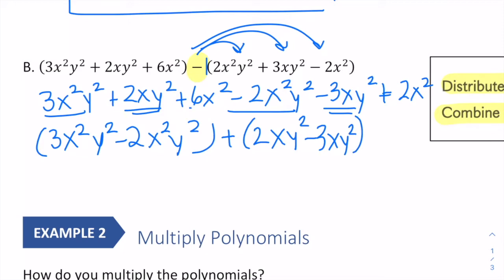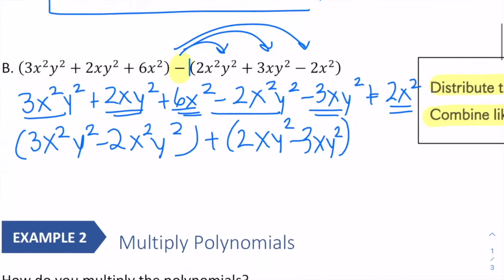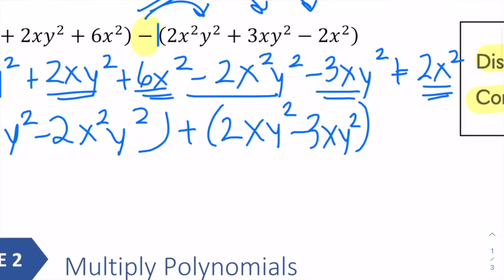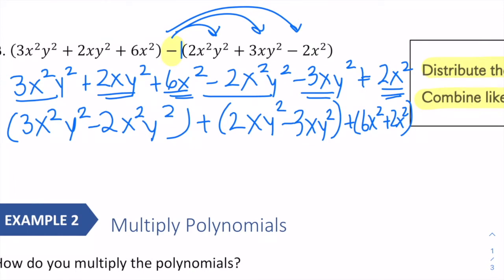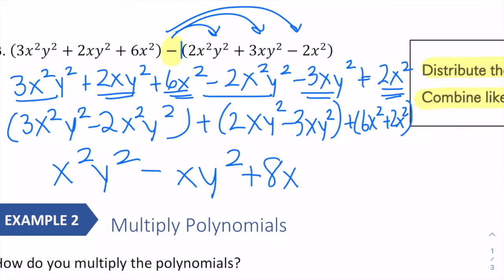And then finally we have 6x squared and 2x squared. So let's combine these. Looking just at the coefficients, we're going to have just 1x squared y squared, and then minus xy squared. And then adding those two, we have 8x squared.